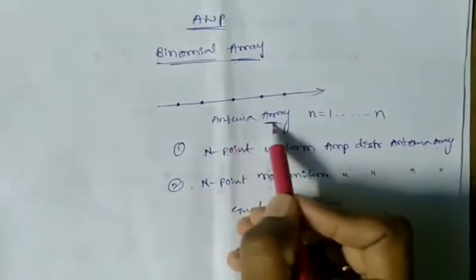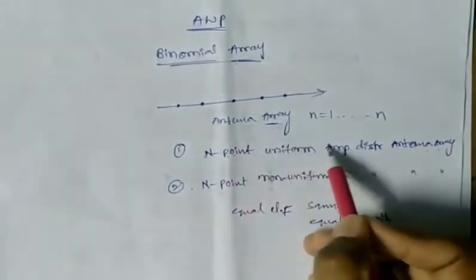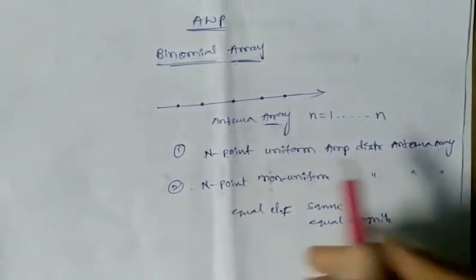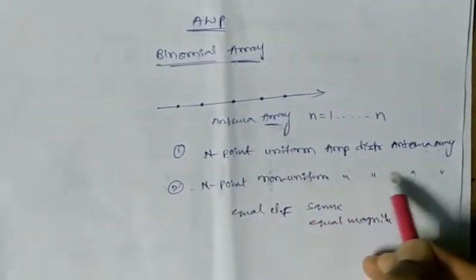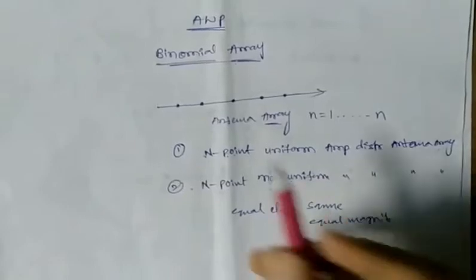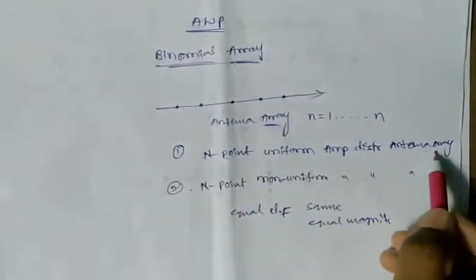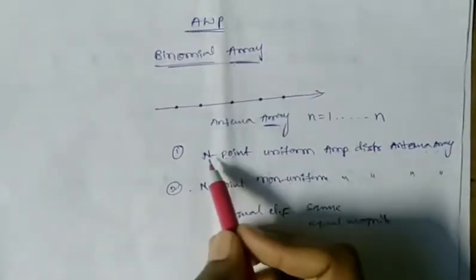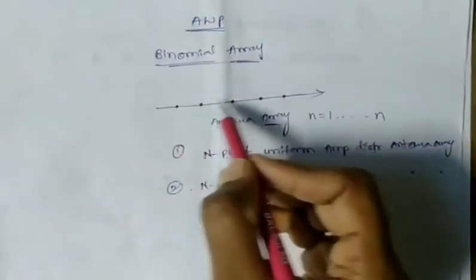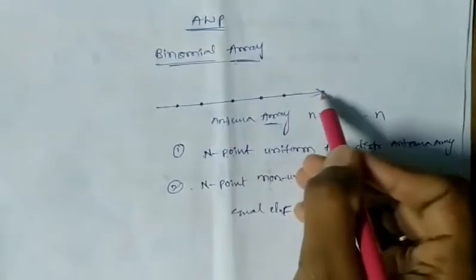Here the antenna arrays are basically of two types. Those are the n-point uniform amplitude distribution antenna array and the n-point non-uniform amplitude distribution antenna array. First of all, what is the n-point uniform amplitude distribution antenna array? N-point means we are using n number of radiating elements or point sources in the antenna array.